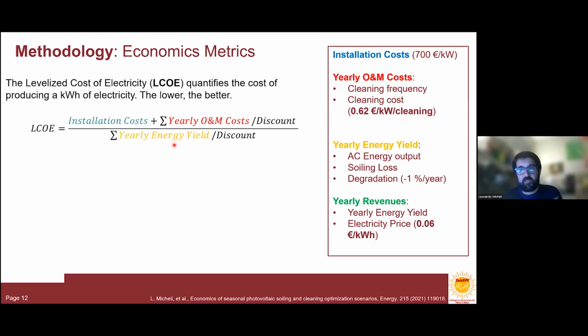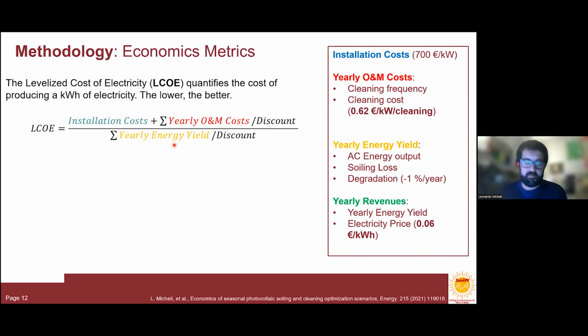On top of that, however, we took into account also a second metric. If you have noticed, the LCOE tells us how much it costs to produce electricity, but is missing a very important parameter, at least for operators and investors: the electricity price. The electricity price, indeed, is essentially a reward for every kilowatt hour of electricity that you produce. And the LCOE does not take into account that.